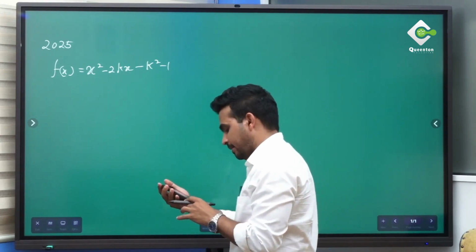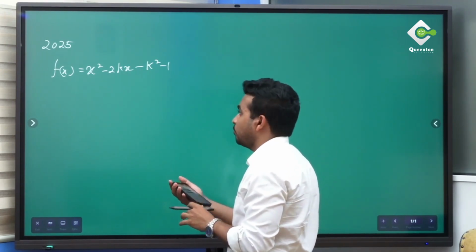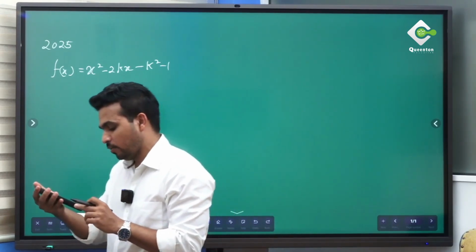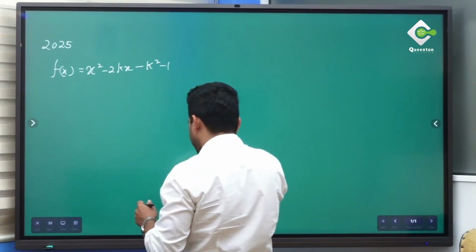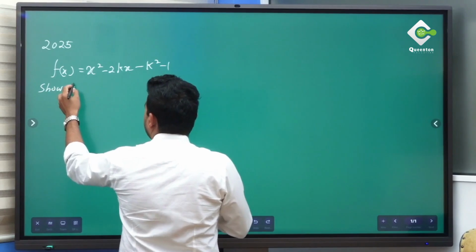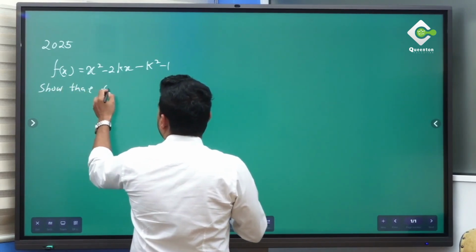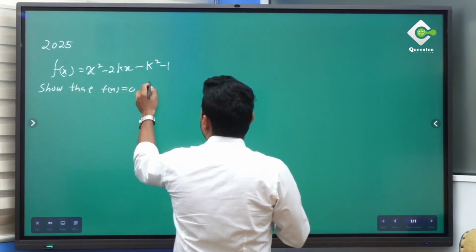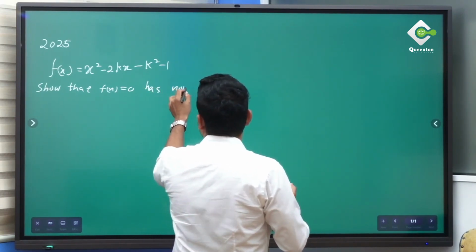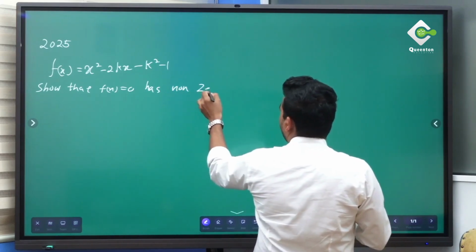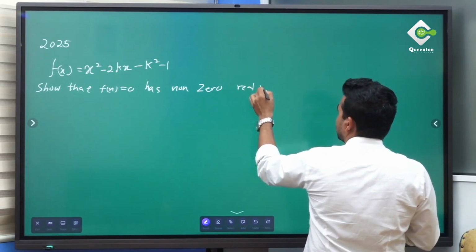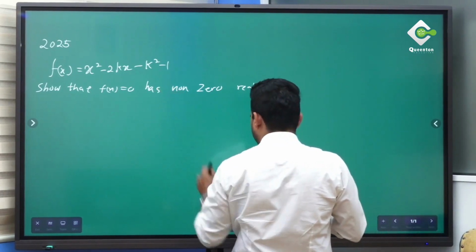Show that the equation f(x) equals 0 has two non-zero real roots.